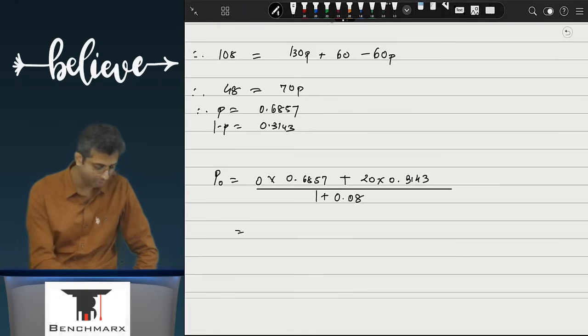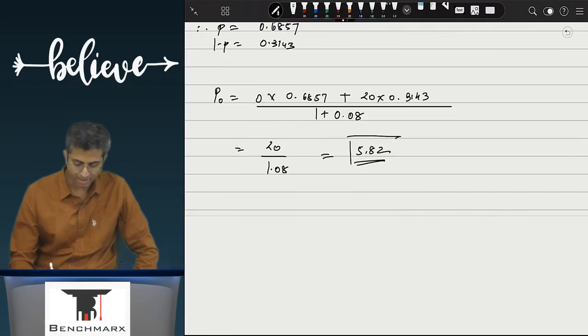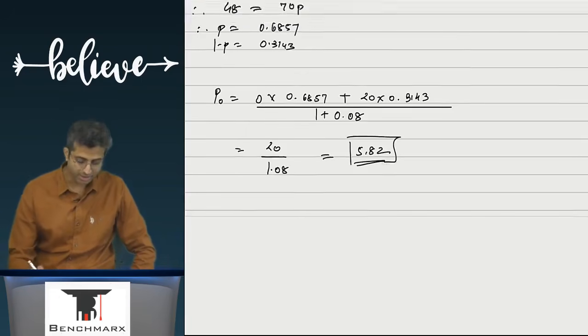So this will be 20 into 0.3143 divided by 1.08. This comes to 5.82. Can I say this is the value of the put option? In today's terms, this is 5.82.